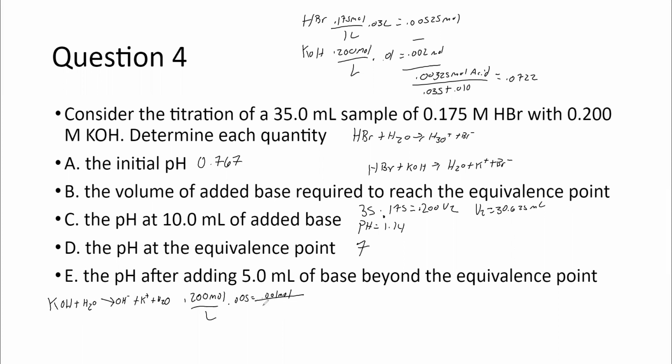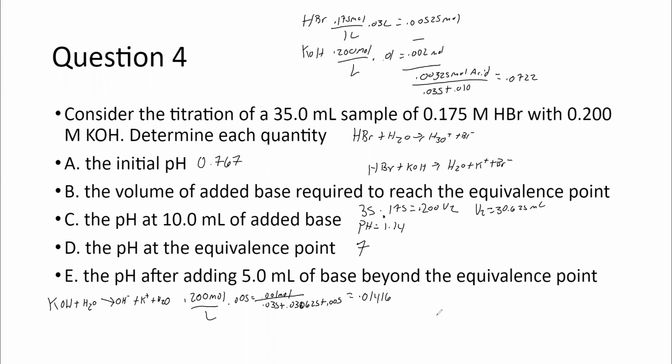So my volume is, I started with 35 milliliters. It took me 30.625 milliliters to get to the equivalency point. Then I just added 5 mL more. So the concentration of OH- is 0.001 divided by 0.070625, which is 0.01416.